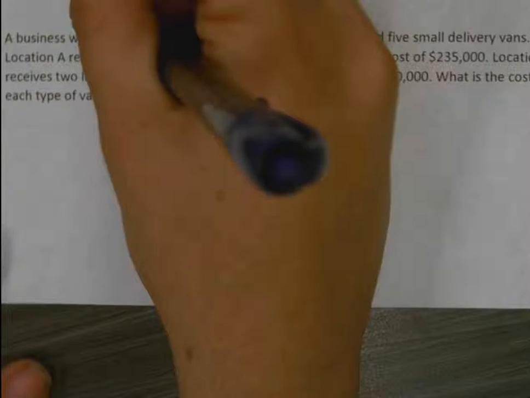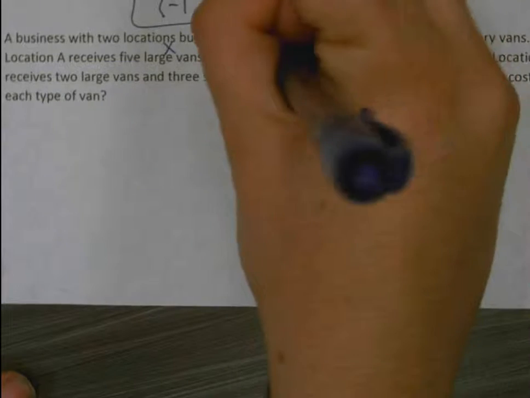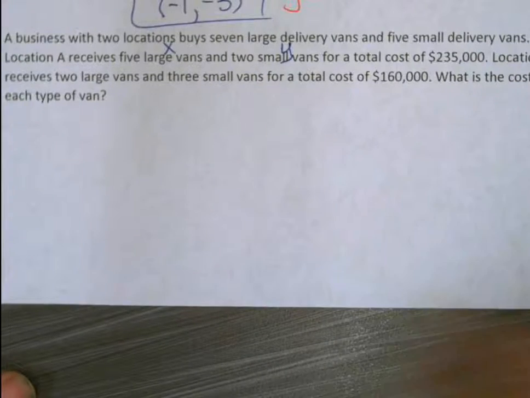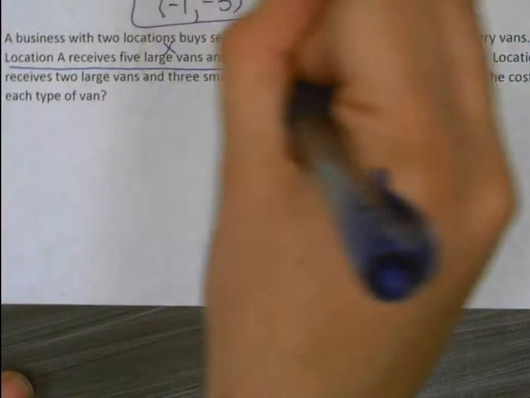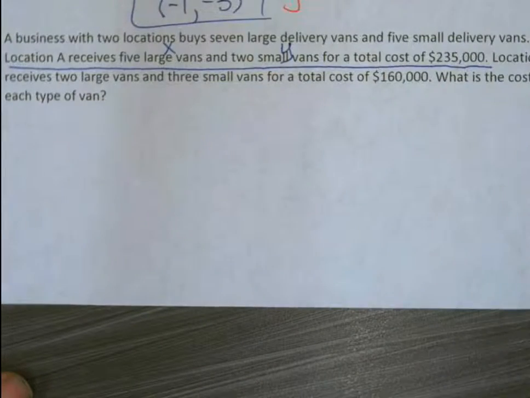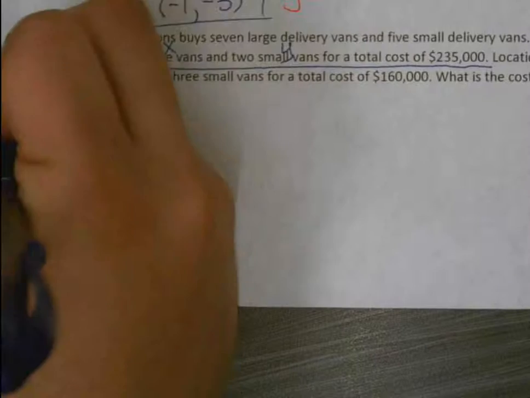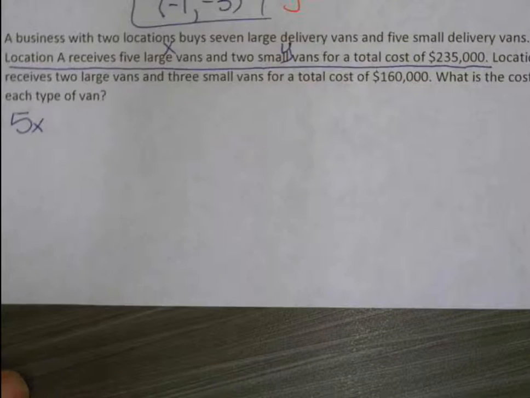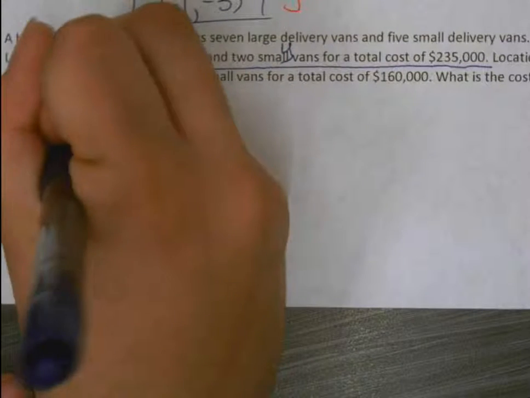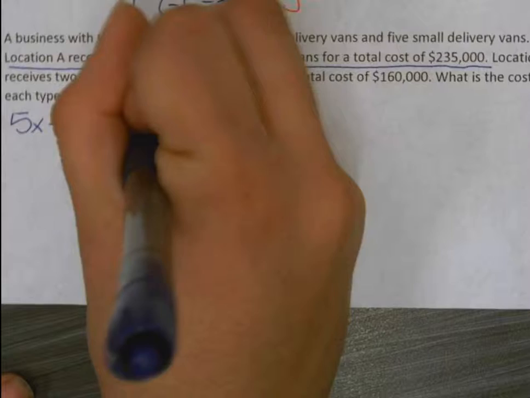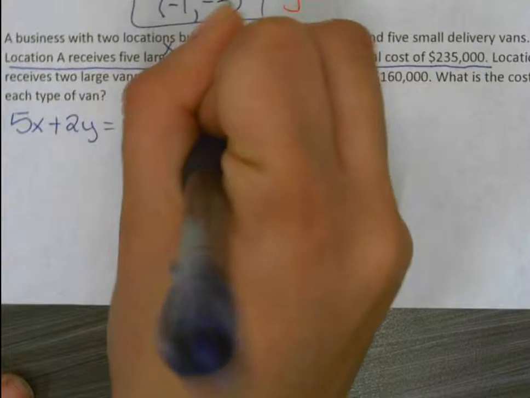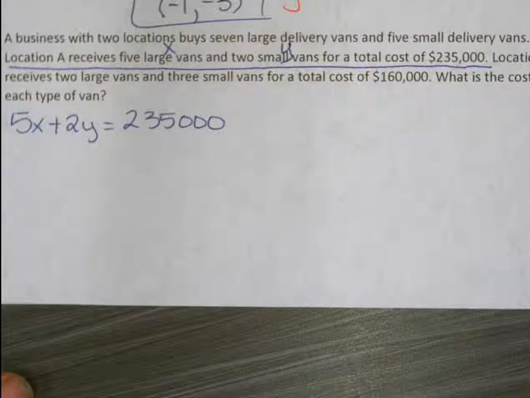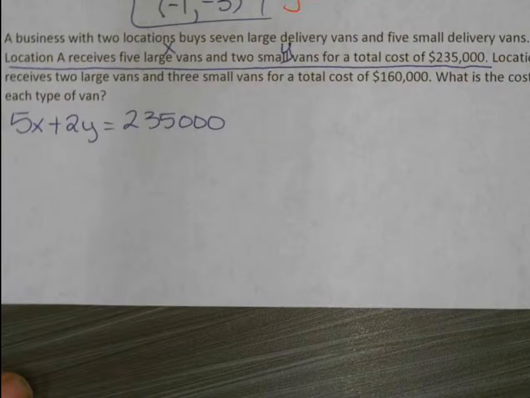So I'm going to make large vans x and small vans y. So this is my first equation from this sentence. So I'm going to have, guys, quiet down, 5x plus 2y equals 235,000. And that came from the sentence I underlined in blue.